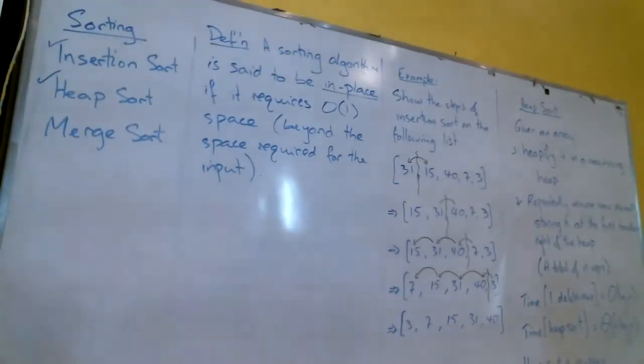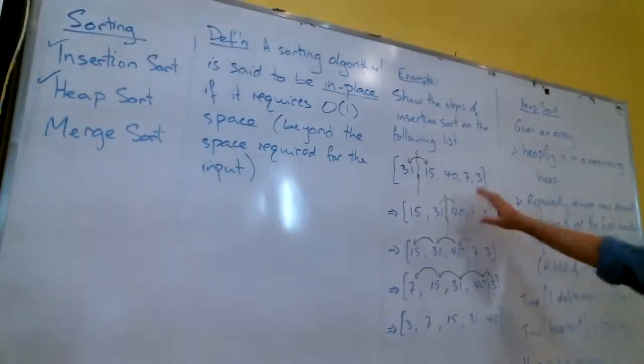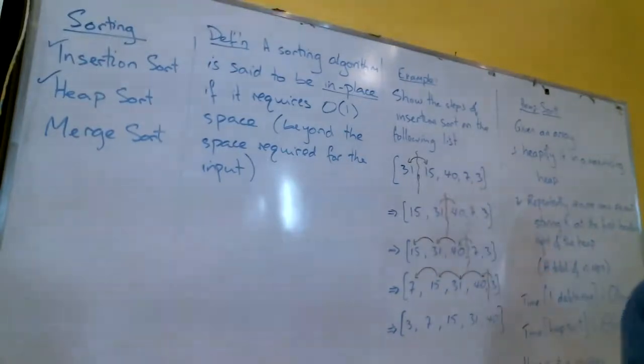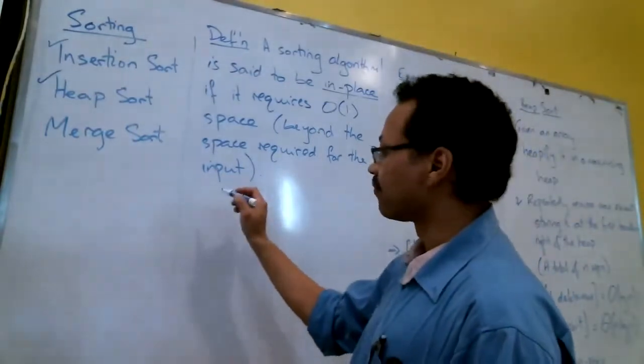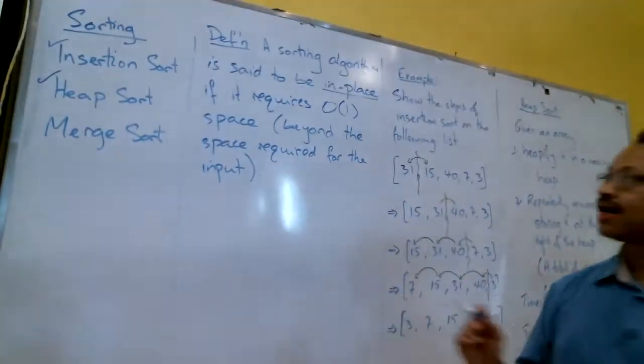Insertion sort, is it in place? Yes. Certainly I didn't use any extra space. How about bubble sort? Yes, I didn't use any extra space yesterday. Remember when you swapped elements, you might need 1 temp, but I didn't need to allocate a new array or anything. We just moved the elements through that initial array. So of all the sorts we've looked at so far, all 3 are in place.